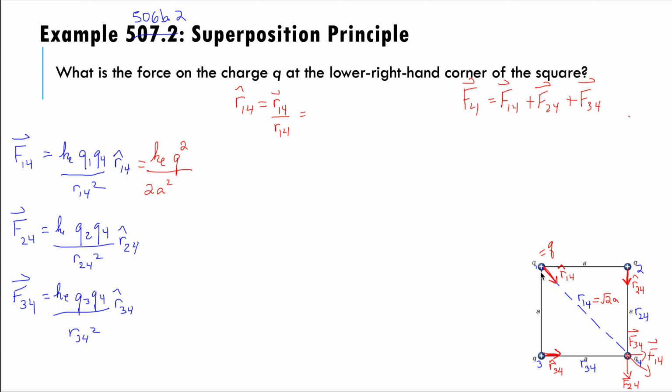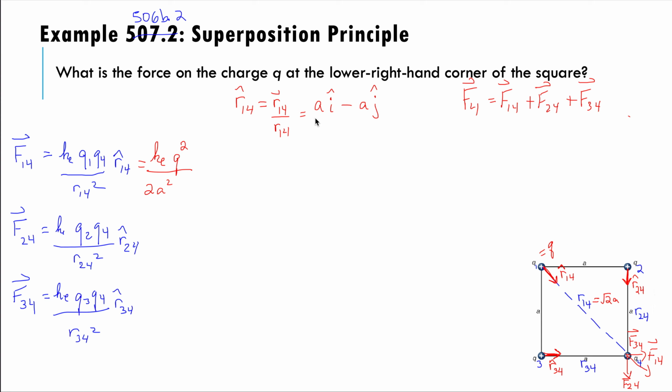How do we get from that position to that position? We have to go to the right by distance a, and then we have to go down by distance a. So we can write this vector as a in the i hat direction minus a in the j hat direction. So that is how we can write the vector R14. That way we have not only its direction, but also its magnitude.